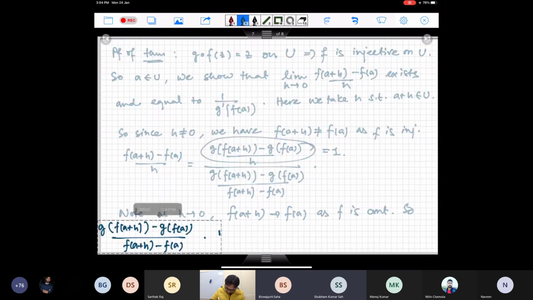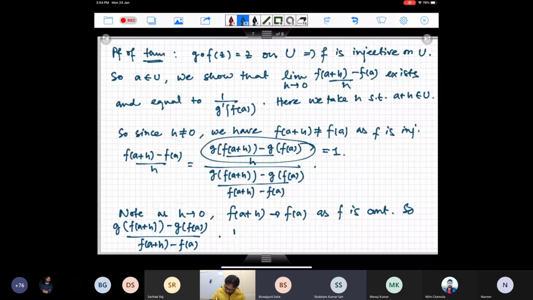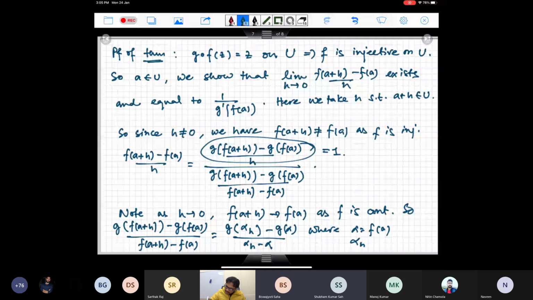This quantity I can write as (g of alpha h minus g of alpha) divided by (alpha h minus alpha). And what is alpha? Alpha is f of a, and alpha h is f of a plus h.